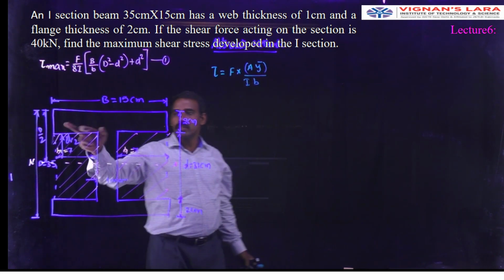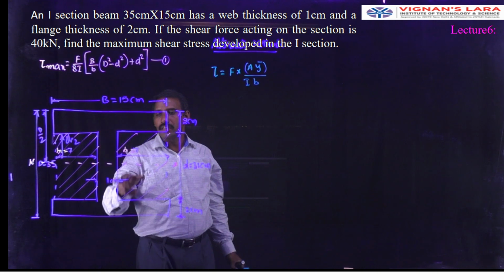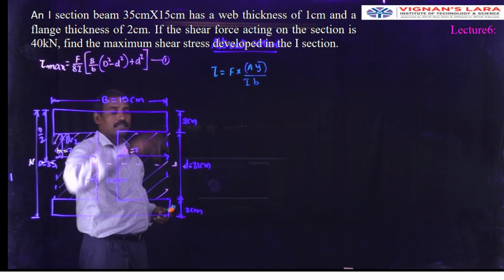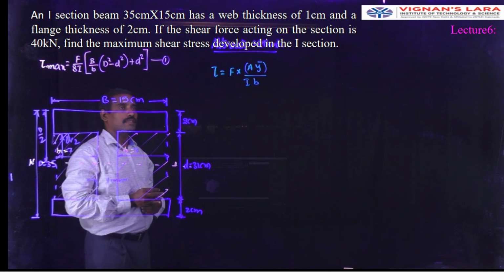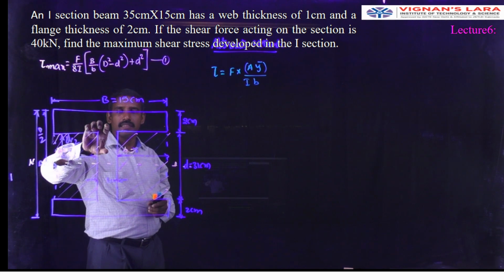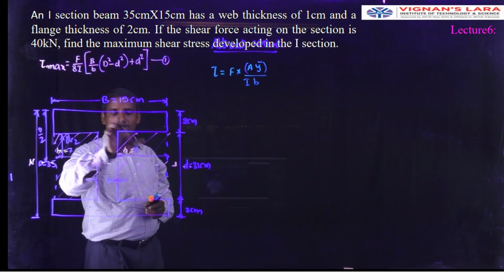Suppose we want to calculate the shear stress induced in the I section due to a shear force of magnitude 40 kilonewtons, which is maximum at the neutral axis. The section consists of the flange and web.